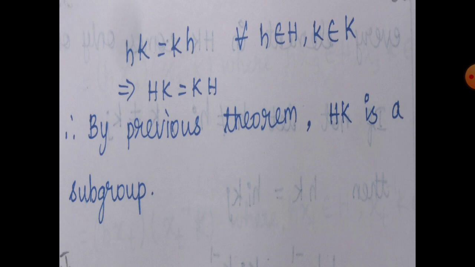So by using the previous theorem, HK is equal to KH if and only if HK is a subgroup of G. So by the previous theorem we can say HK is a subgroup.